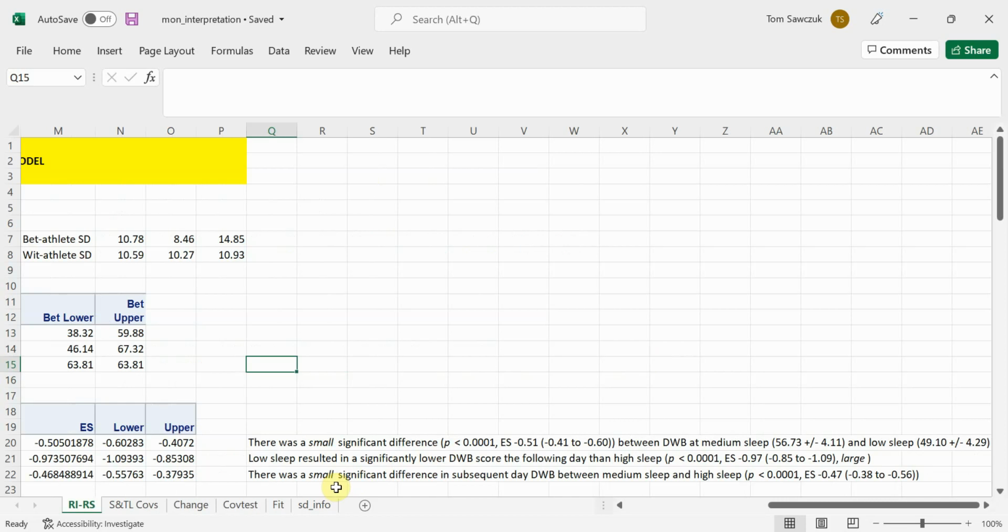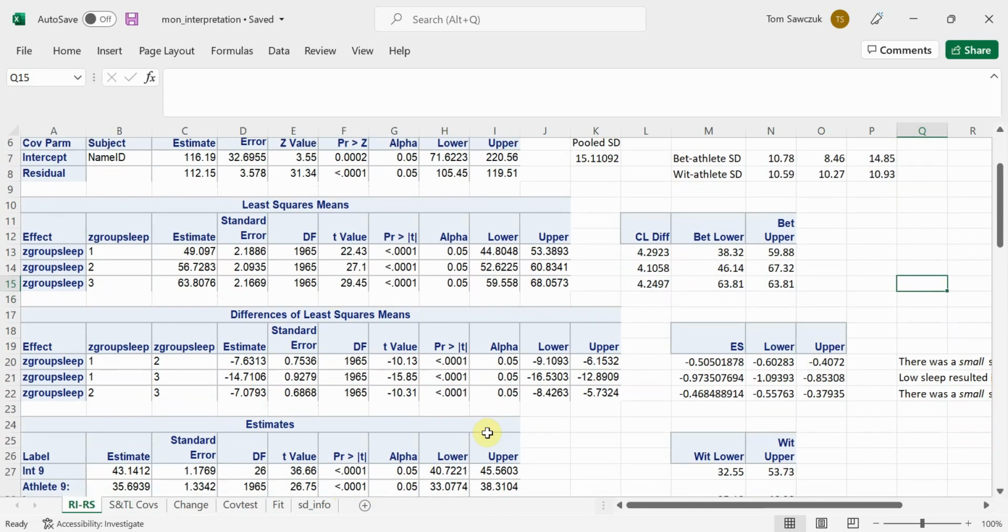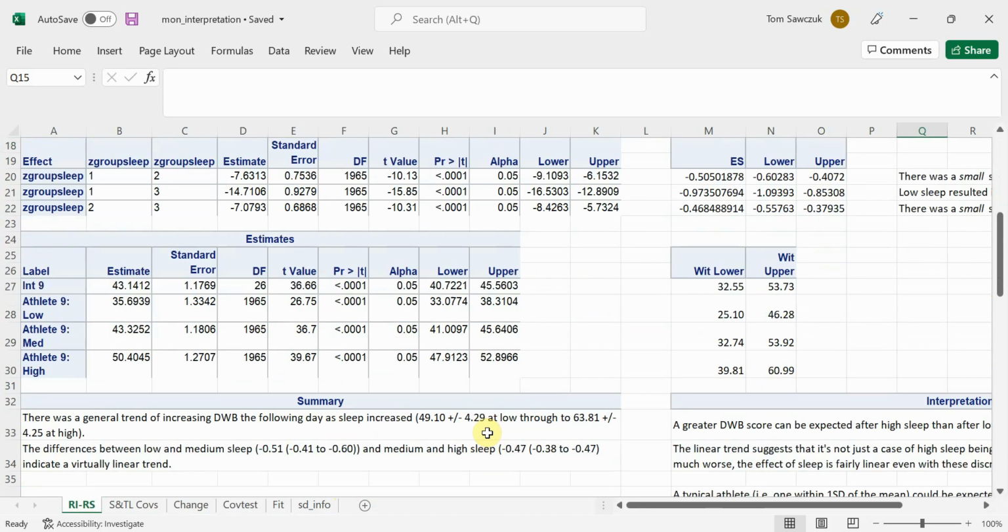And then again, just on a similar thing for the difference between medium sleep and high sleep. So there are three pairwise comparisons, but now we need to look at what information we can actually gain from that.